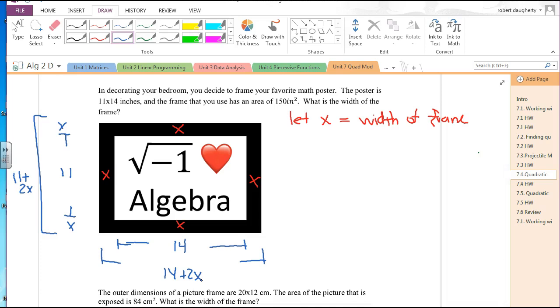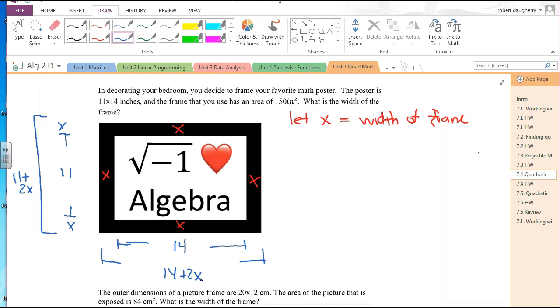Now, what do I know? The area of the frame is 150. The area of the photograph is 11 times 14, right?